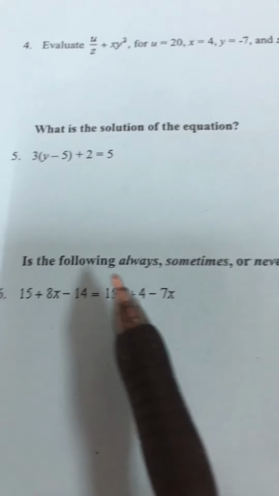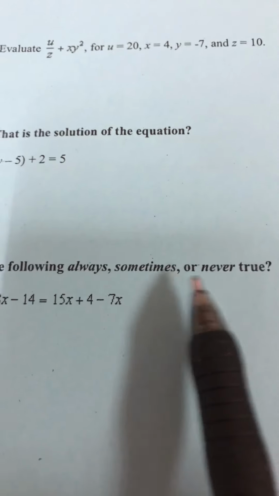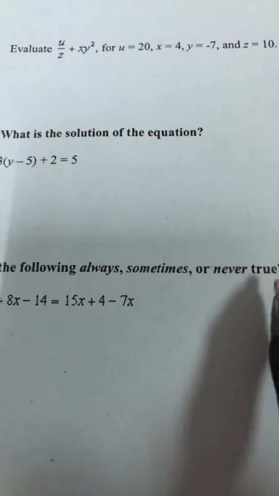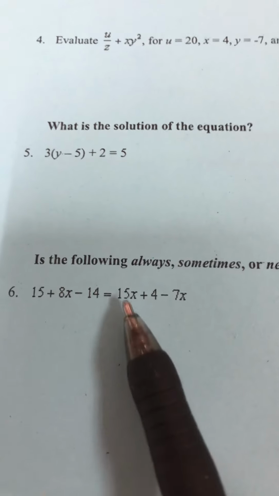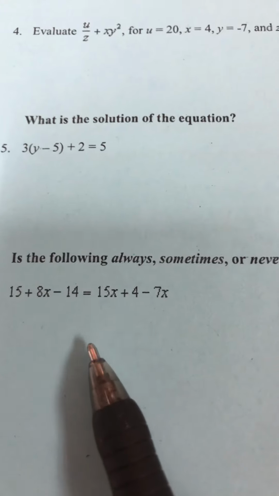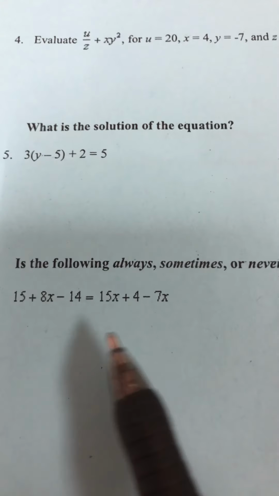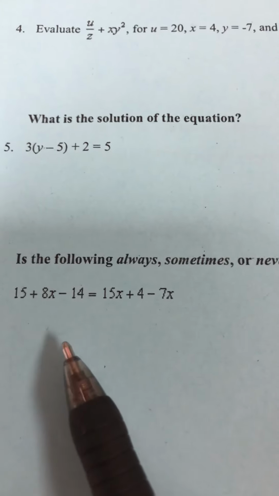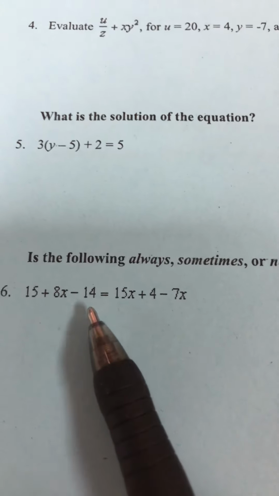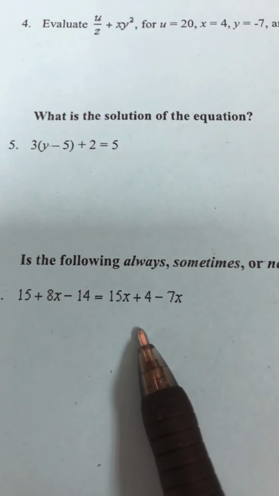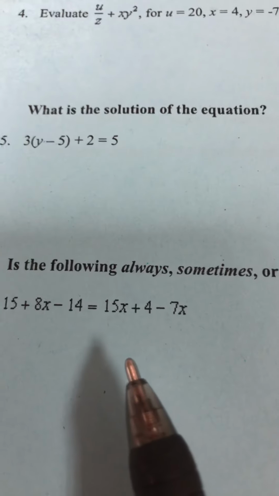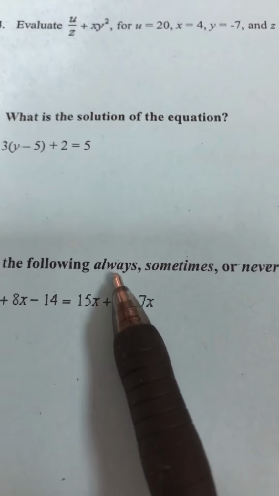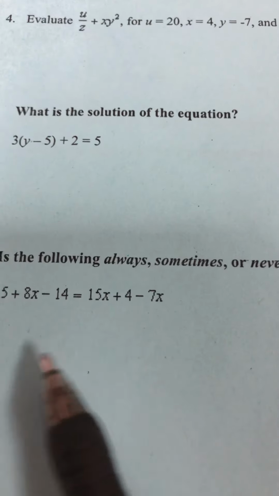Number 6, is the following always, sometimes, or never true? So when you're working this out, combining like terms, if you have something on this side of the equation and something on this side of the equation, and they equal each other no matter what you put in, that's going to be an always if you have the same thing on each side.